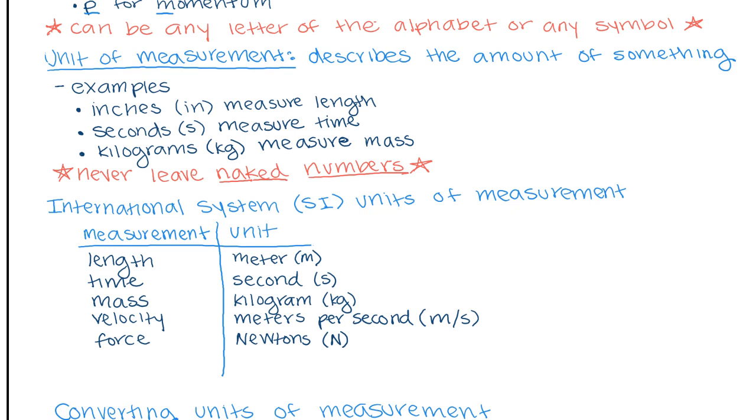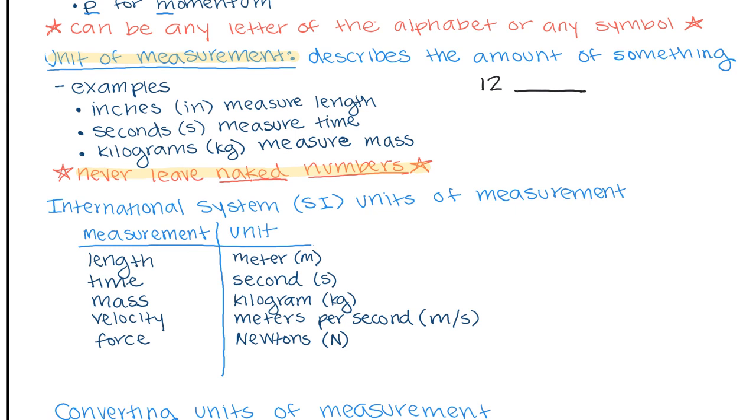Now, I want to make this point very clear, and that is to never leave what I like to call a number naked. Do not leave naked numbers, and I'll just highlight this. This is another vocabulary term. What do I mean by that? If I'm asking someone a question and I say, how long is that ruler? And they reply, it's 12. Well, I'm going to say 12 what? 12 centimeters, 12 feet?